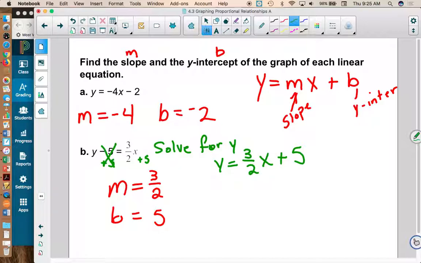And then that would be it. Okay, so the y-intercept, this line that goes up and down, is 5. It says 5.